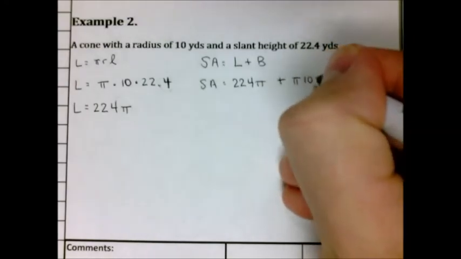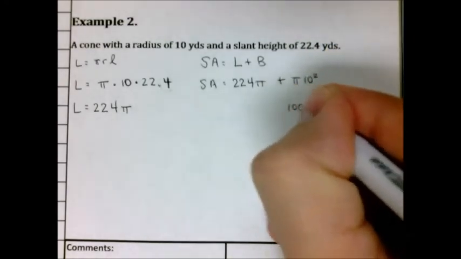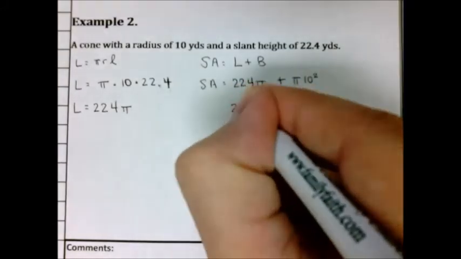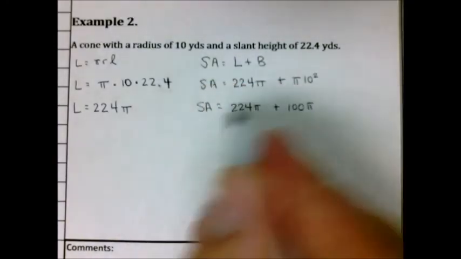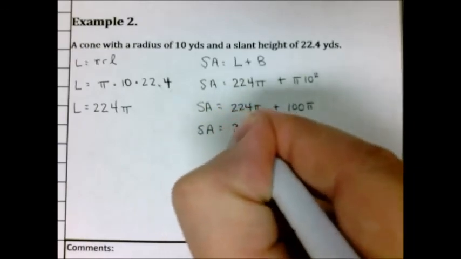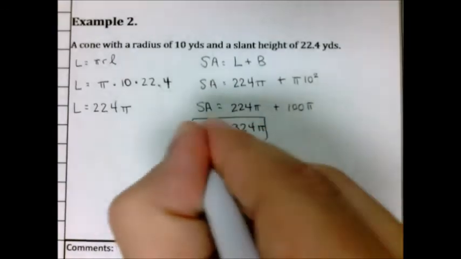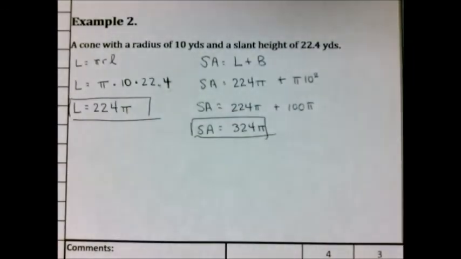So pi times 10 squared, and 10 squared is obviously 100. So we have 100 pi plus our 224 pi, and when we add this all together, we get 324 pi. So our lateral area ended up being 224 pi, and our surface area ended up being 324 pi.